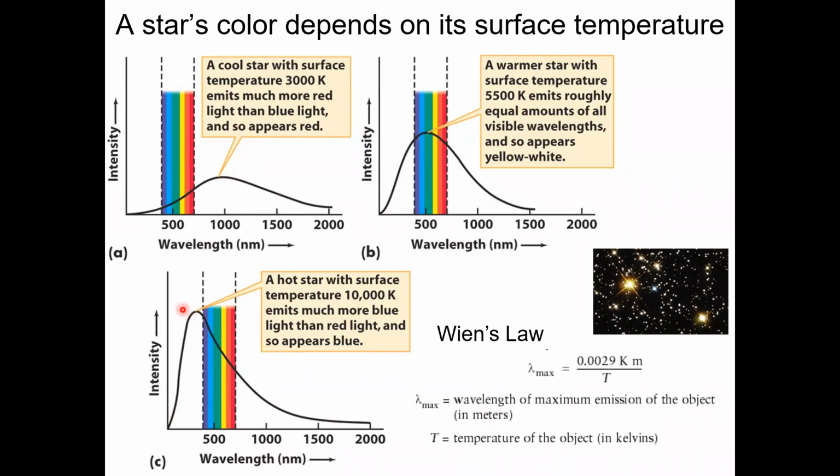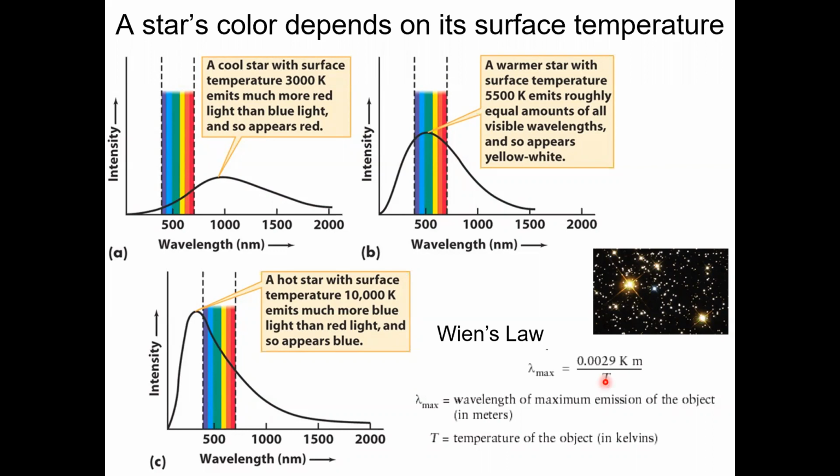You don't see two peaks, three peaks. It's always like this. It's like in mathematics or in engineering, we call maxima, local or global maximum. Global maximum. You always get one and only one peak. And the wavelength of that peak is given by this equation. And it is inversely proportional to the temperature.